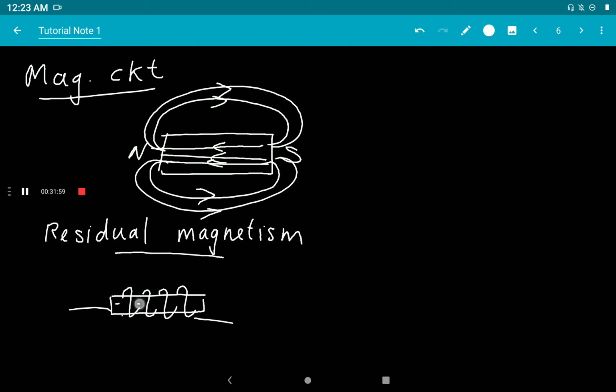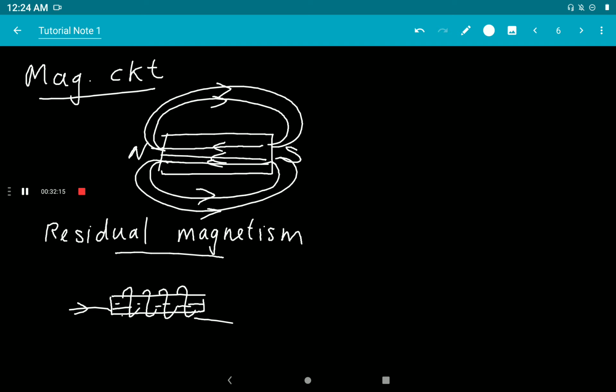There will be some magnetic lines of force on this rod. When the current is switched off, the iron rod loses its magnetism.